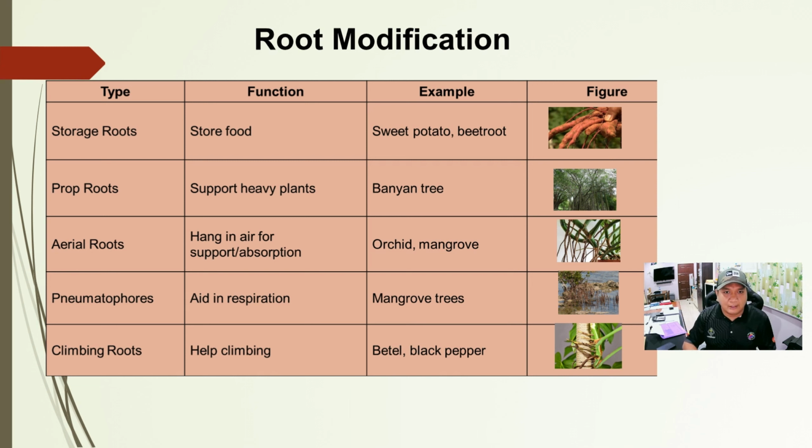So the pneumatoporous is happen because exchange with the atmosphere. So it's modification from the condition. And then lastly we have climbing roots is help climbing. So the example is black pepper. Okay, that's all for roots. So next my fellow members will explain about the stem. Thank you.